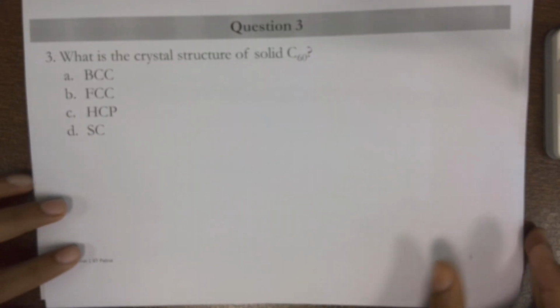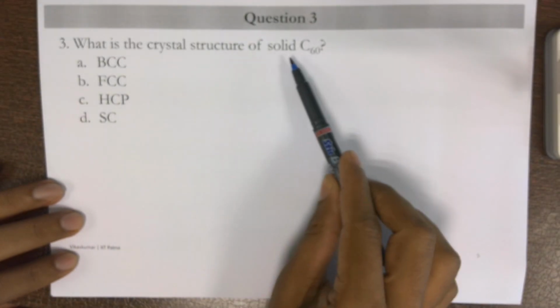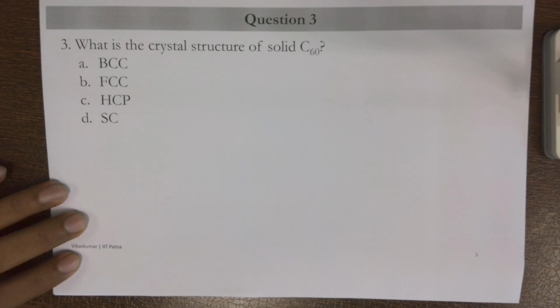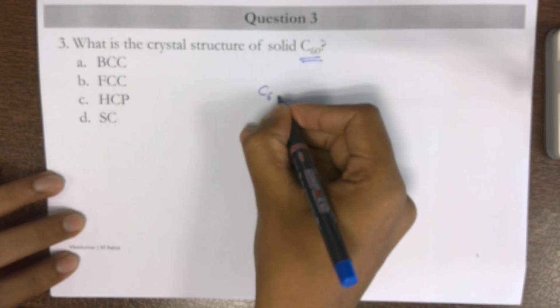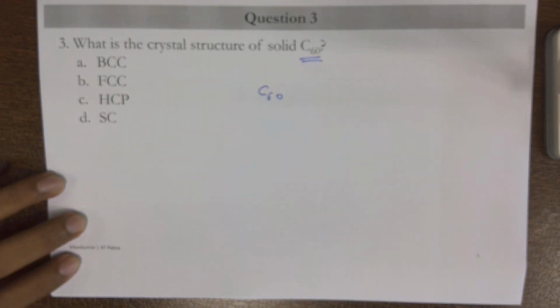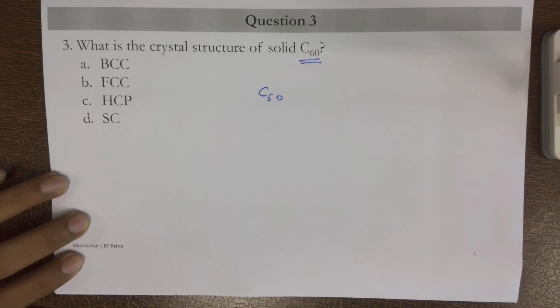Whenever you feel some confusion, you can always feel free to ask me. The question is very interesting. What is the crystal structure of solid C60? This is something, Buckminster fullerene, we have discussed.